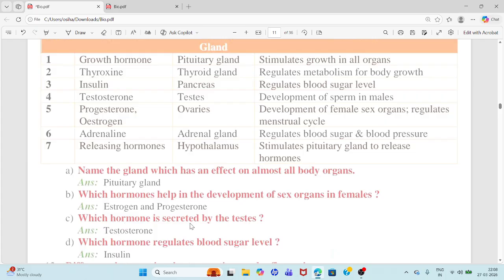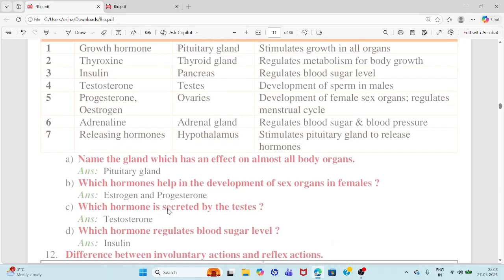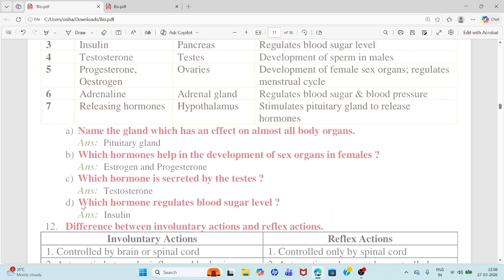C. Which hormone is secreted by the testes? Testosterone. You can see here. From this table only, we are going to answer all of these. Now, last question. Which hormone regulates blood sugar level?